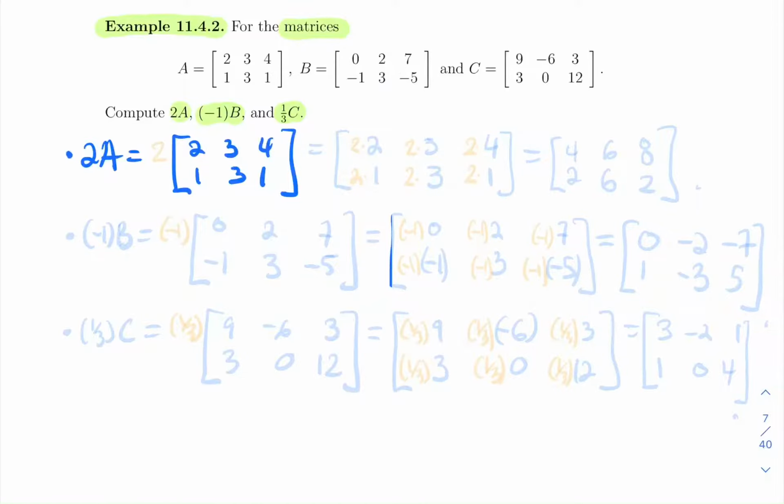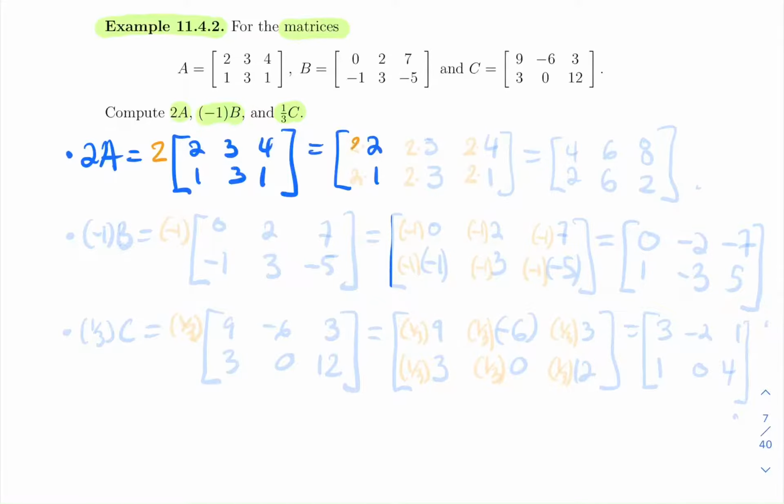So let's use some color here, might as well. Let's say 2 is going to be in orange. If you multiply by 2 throughout, you're going to get the following matrix. So you're going to get 2 times 2, 2 times 1.